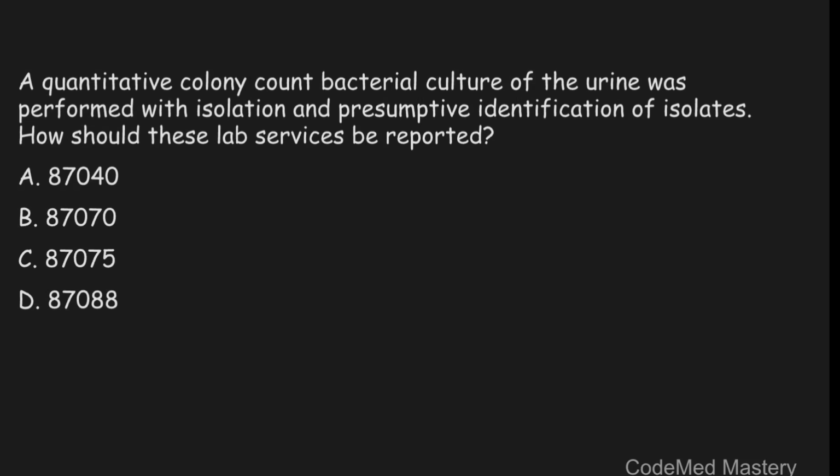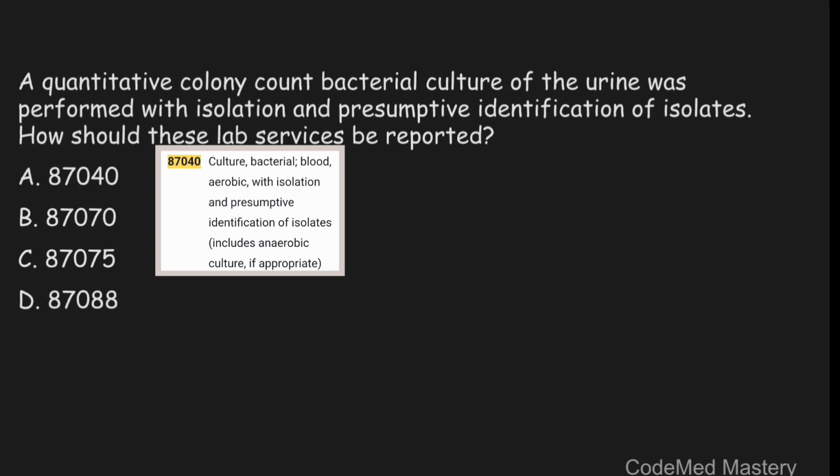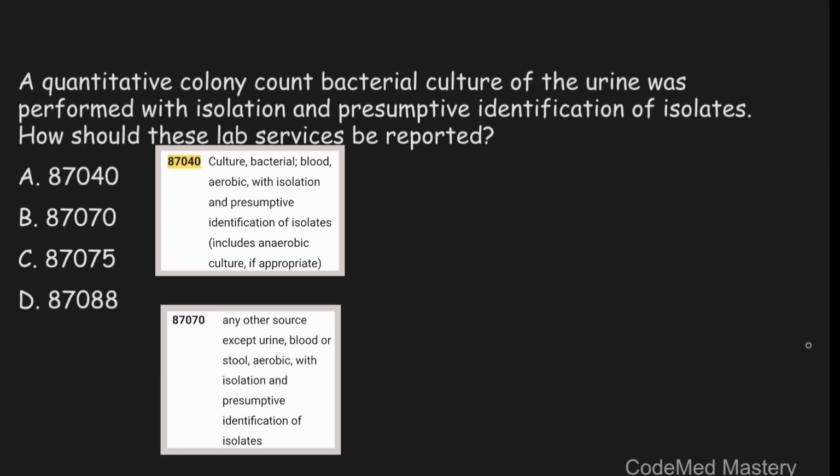Check option A, 87040, that is for culture bacterial blood aerobic with isolation and presumptive identification of isolates. And option B, 87070, is for culture bacterial any source except urine, blood or stool aerobic with isolation and presumptive identification of isolates.